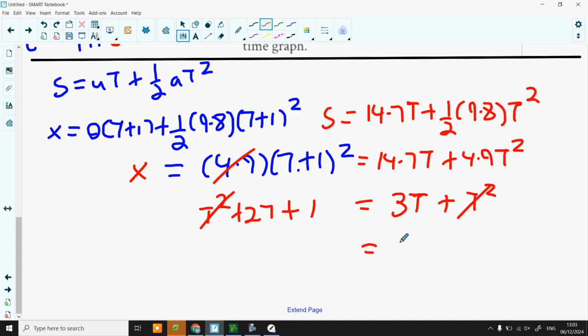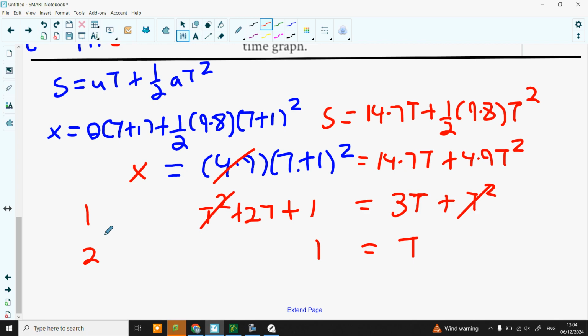What's left then? T equals 1. So one of them was traveling for 1 second, and the other one was traveling for 2 seconds. Is that right? 2 and 1, respectively.